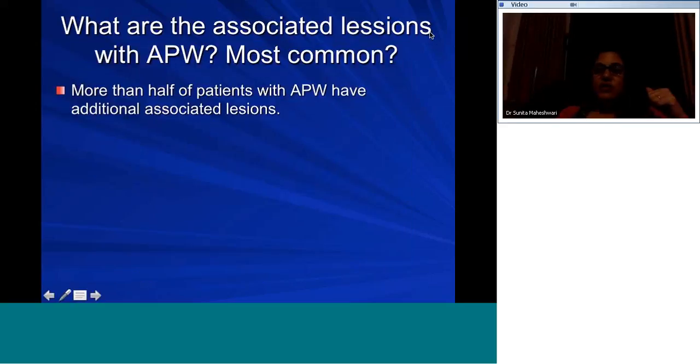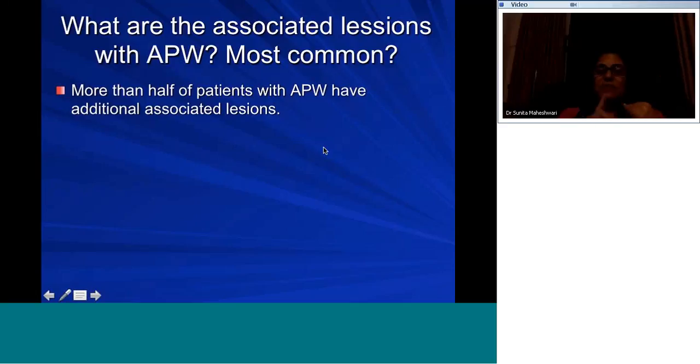So what are the associated lesions with AP window? What is the most common associated lesion with AP window? More than half, and remember this, more than half of patients with AP window will have some additional lesions. Okay, so what are the lesions? Most common is not PDA, but you may have PDA, which is most common, remember, with hemitruncus.